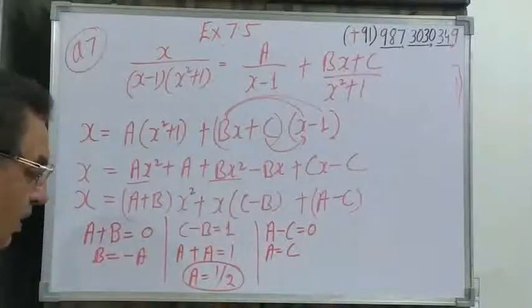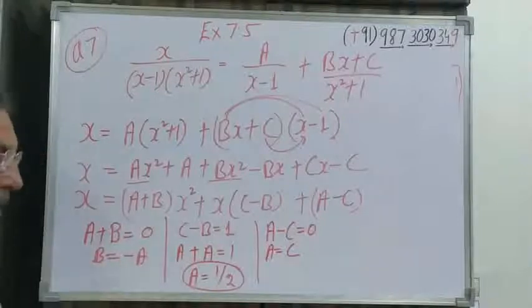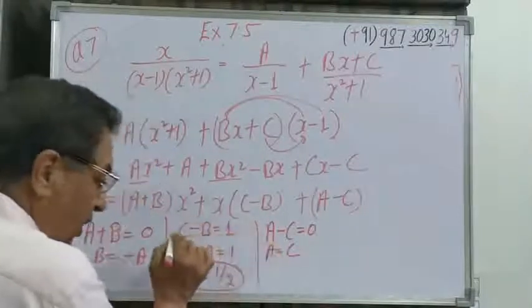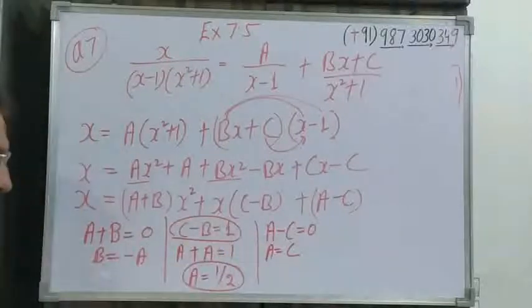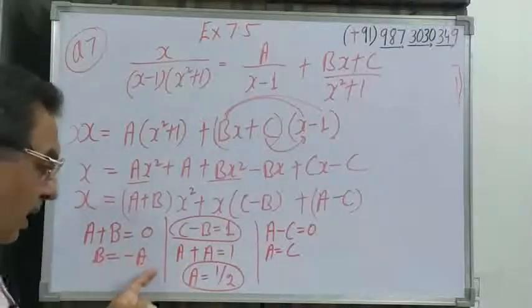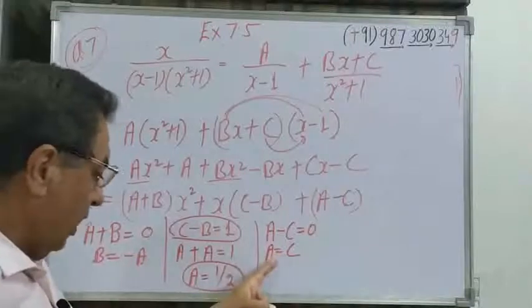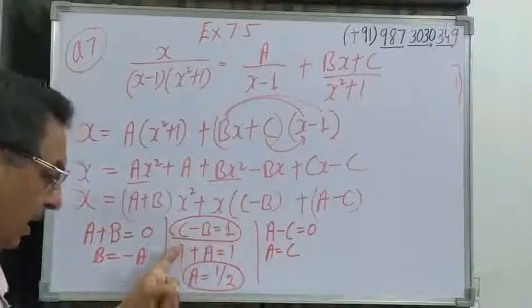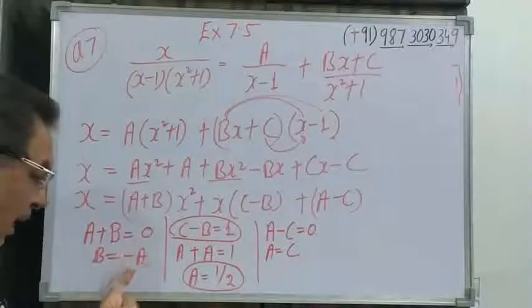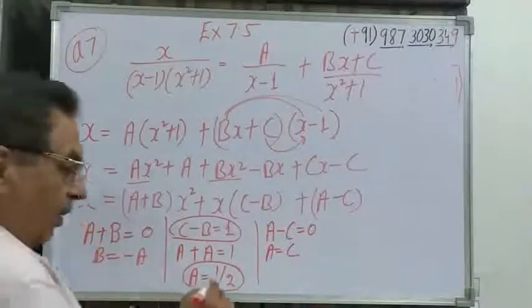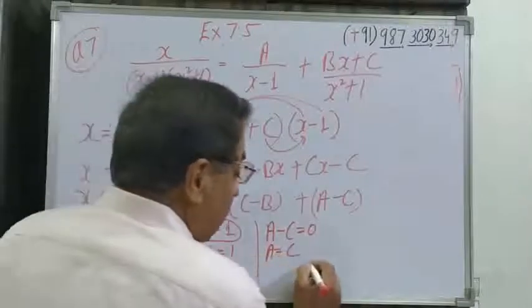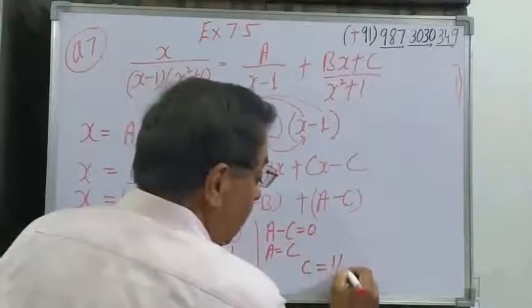Now a becomes equal to c, b becomes minus a. Look, this equation converting into a totally: b is minus a, c is equal to a. Instead of writing c, a, and for b, minus a, both become a plus a, 2a, a is equal to 1 by 2. When a is 1 by 2, c is equal to a, so that implies c is also 1 by 2.